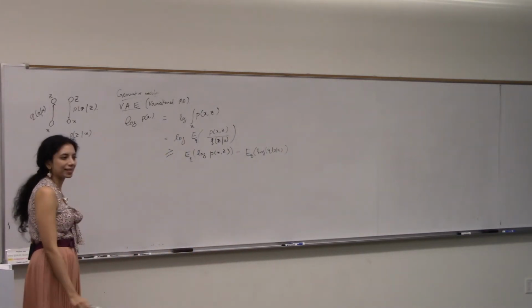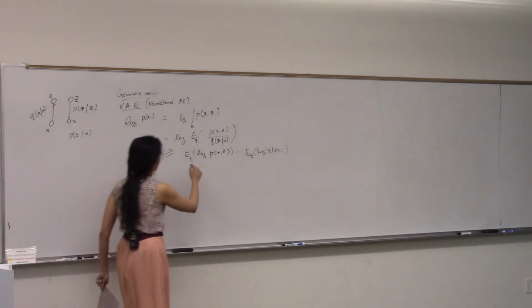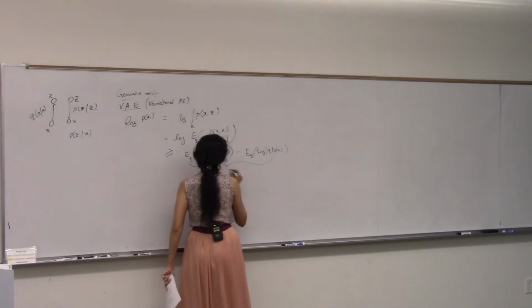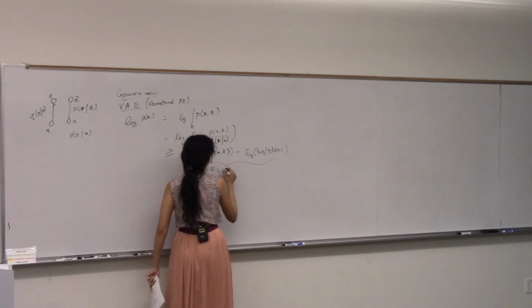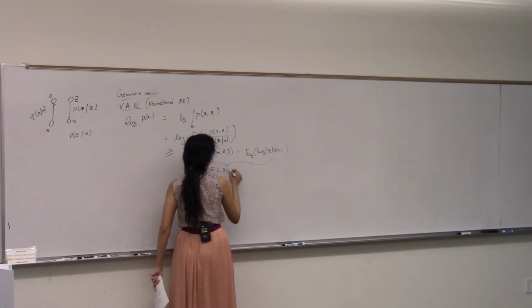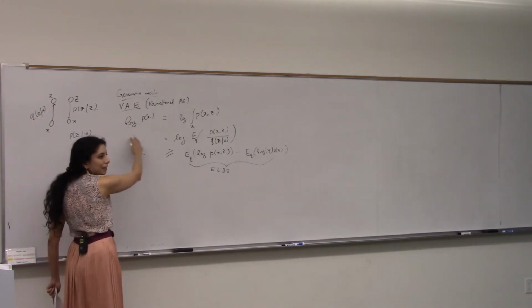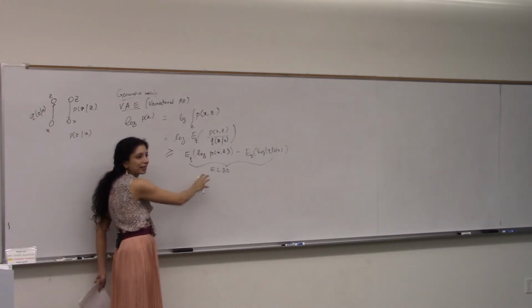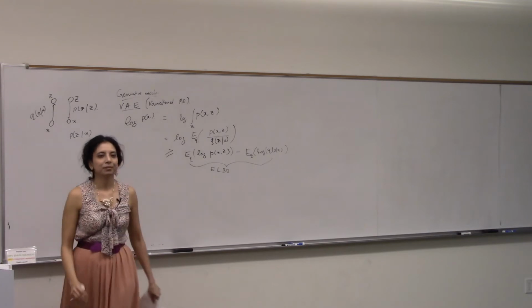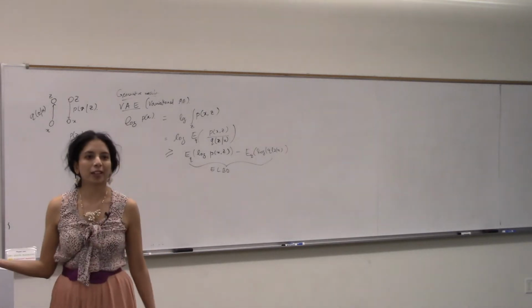Right, simply Jensen's inequality, and this is known as ELBO. It's evidence lower bound optimization. So if I'm now, instead of maximizing the left-hand side, going to maximize the right-hand side, in general the two are not the same, right?